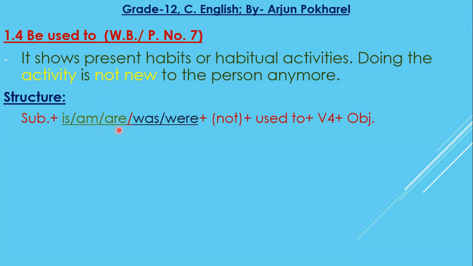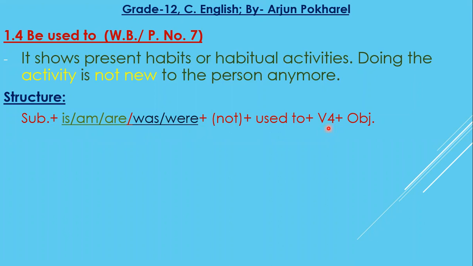Is, am, are is the present form, and was, were is the past form. After used to, we always use the fourth form of the verb, that is the present participle or be-ing form.